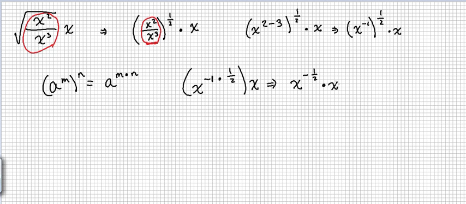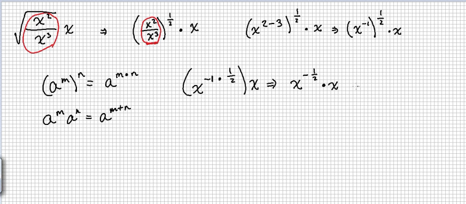Okay, now we have a new rule. I did this one because it has pretty much all the rules in it. Now we have x to the negative 1/2 times x. We're going to use the rule a to the m times a to the n is equal to a to the m plus n.